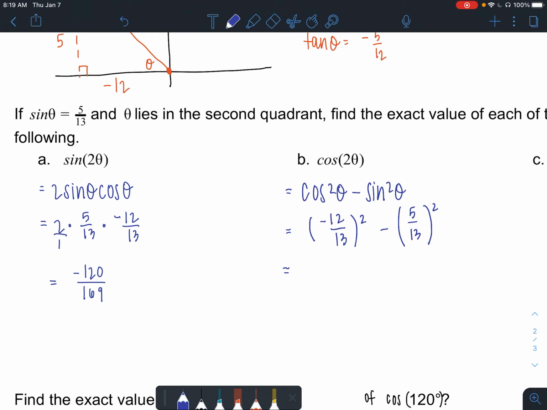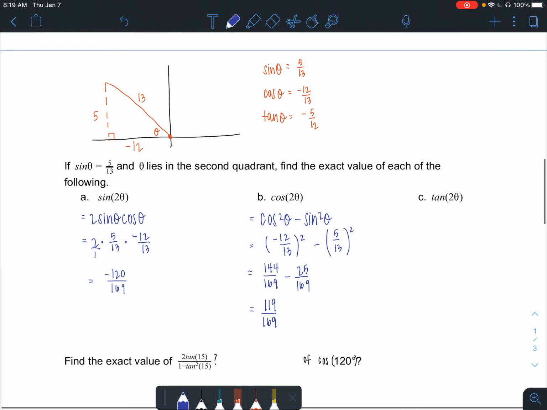So then we get, want to simplify, so -12 squared is 144, 13 squared is 169, 5 squared is 25, and again 169. 144 minus 25 is 119/169, keeping that denominator the same. So that does not simplify any further either.